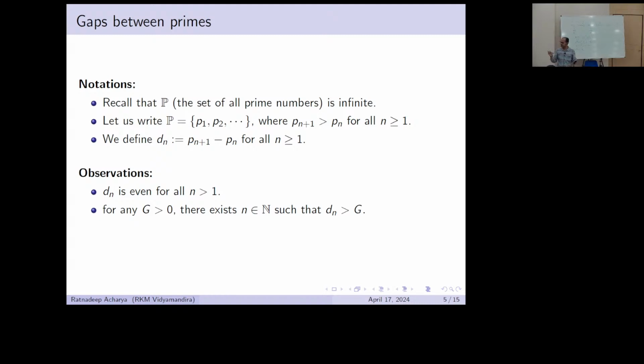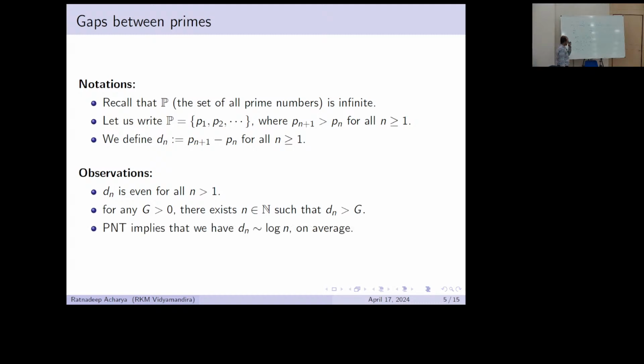And you know that, right? High school algebra. So the sequence d_n is not bounded.